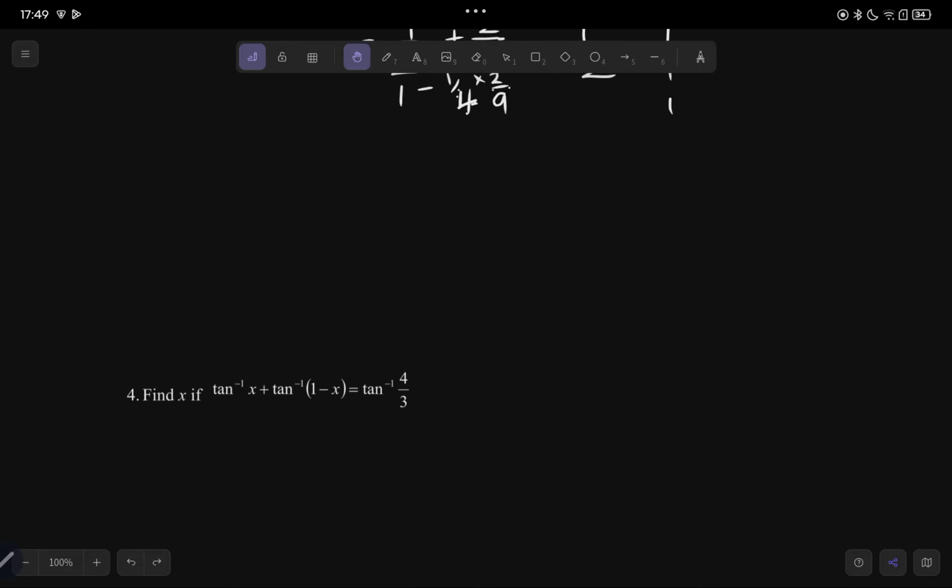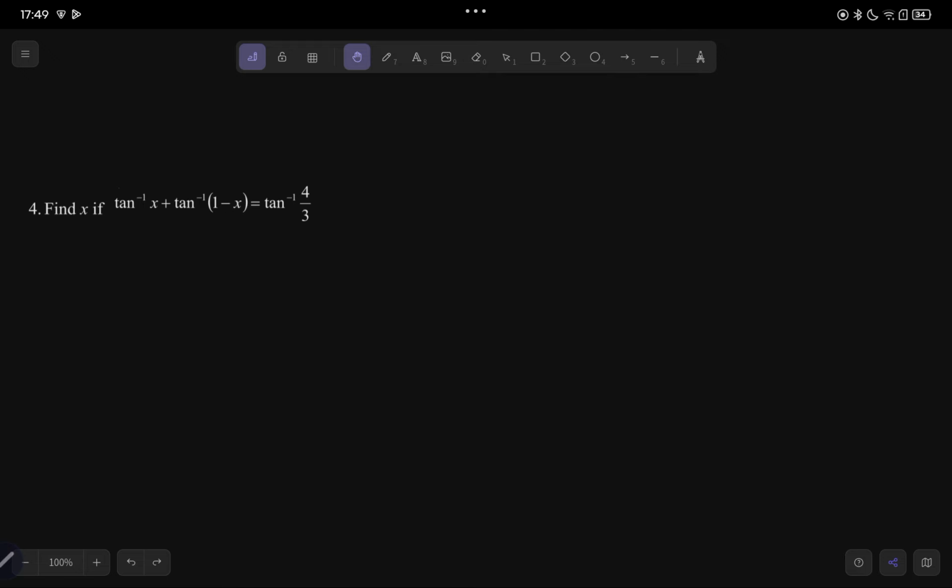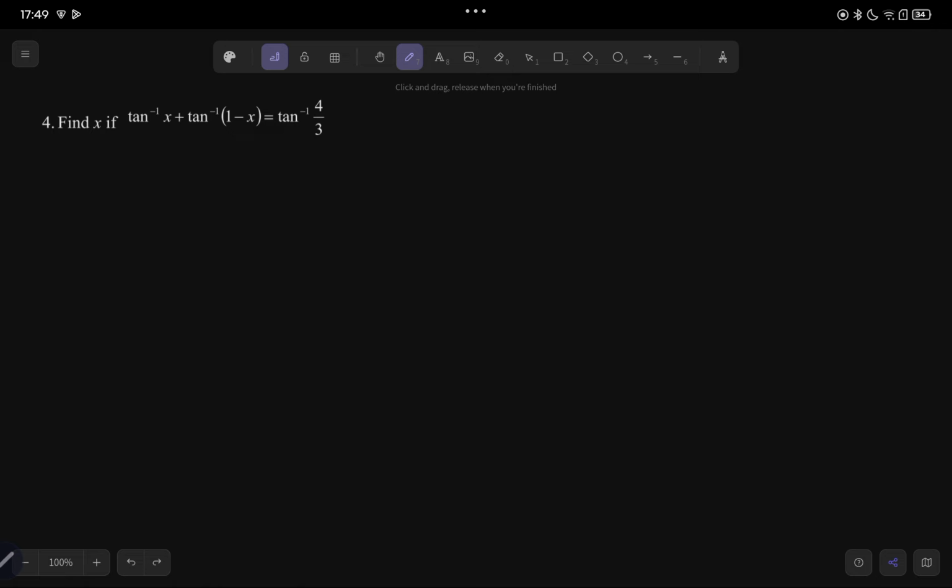Let's go to question number 4. Question number 4 now isn't asking us to show, but is asking us to find the value of x such that tan inverse of x plus tan inverse of 1 minus x is tan inverse of 4 over 3. But the procedure is almost the same.